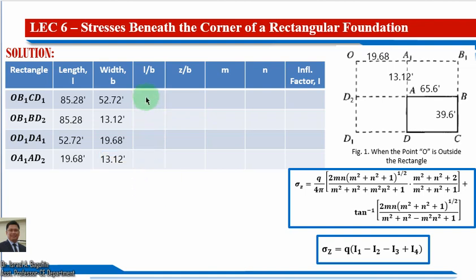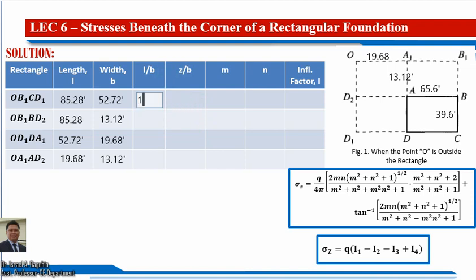After this, we are going to get the value of our ratios L over B and Z over B, just in case we opt to use the chart to get the influence factor I. But for the sake of discussion, I will just get the values of L over B and Z over B for the four rectangles.